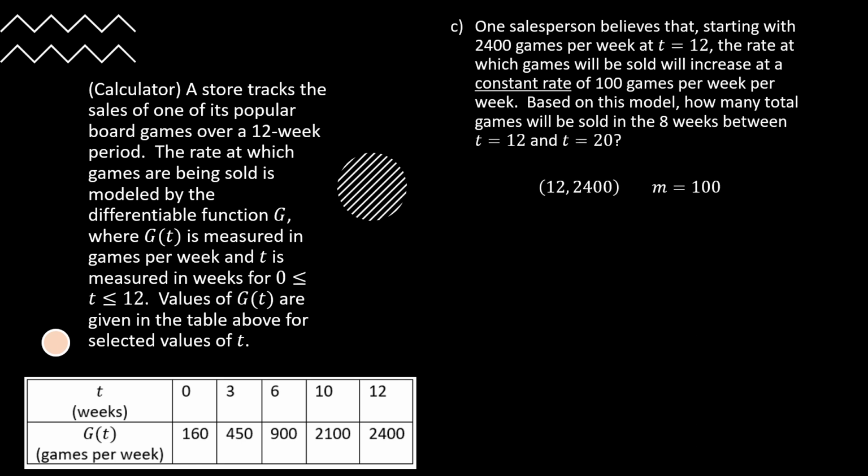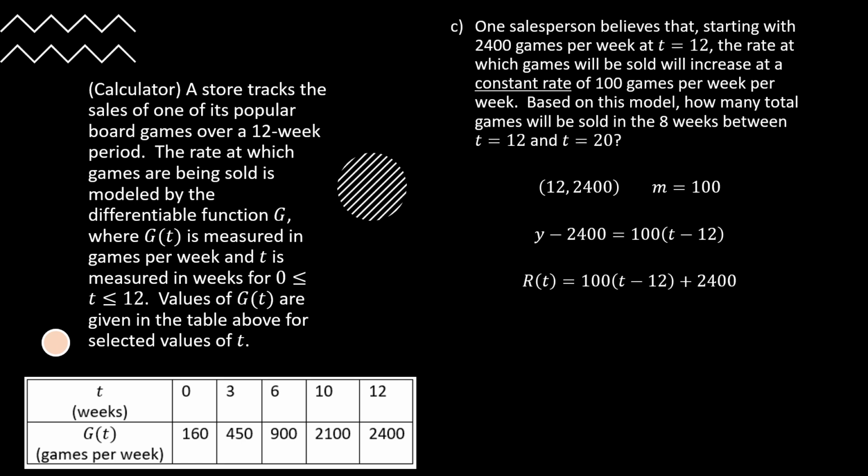The first thing I want to do is figure out a point on that function, which they told me at the very beginning. At 12 weeks, we sold 2,400 games. With that constant rate, I know that my slope is going to be 100. So now I plug this into my y minus y1 equals m times x minus x1, just plugging it into my linear equation.